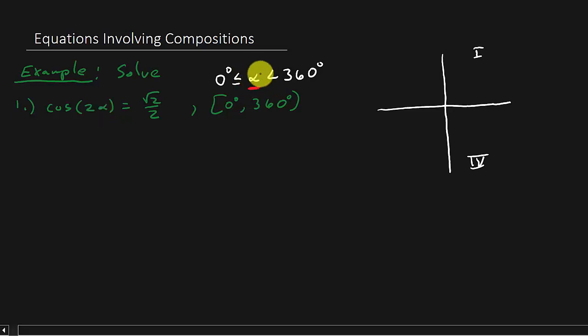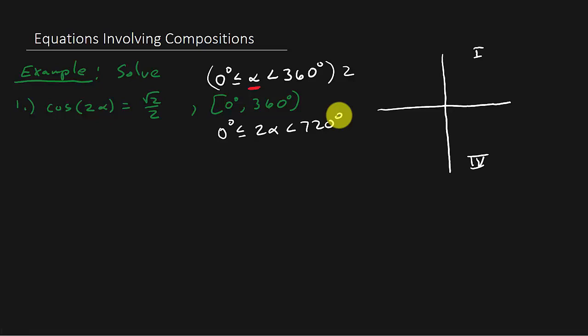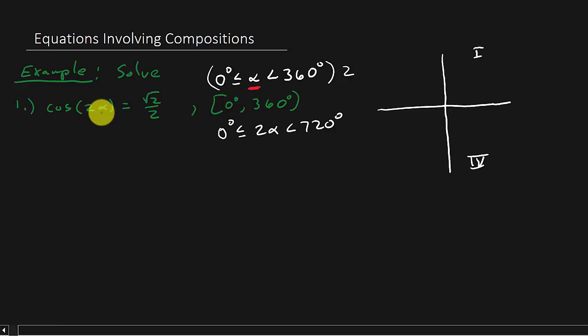Well, they give me what alpha's between, but I need to know what 2 alpha is in between. So if I take this and I multiply it by 2, that'll give me 2 alpha here in the middle. So that's going to give me 0 less than or equal to 2 alpha less than 720 degrees. So I'm finding all the solutions between 0 and 720. All right, because I've got 2 alpha, not alpha.